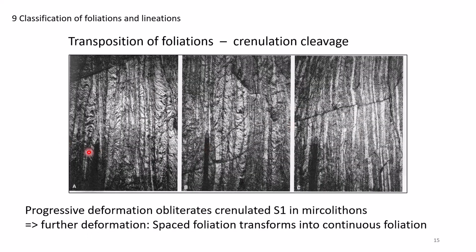In this series of images, we see progressive overprint of an earlier foliation. Here on the left-hand side, we see plenty of crenulations with crenulation cleavages cutting across them, but the original first generation, the S1 foliation, as crenulated relics interlayered with their microlithons, is still abundantly visible and straightforward to recognize.